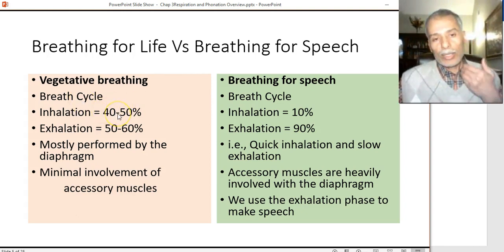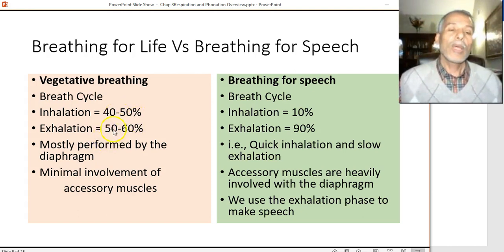When you exhale, it takes about 50%, and the exhalation could go from 50 to 60%. So anywhere like 40, 45 for inhalation, then 50 or 55 to 60 for exhalation.